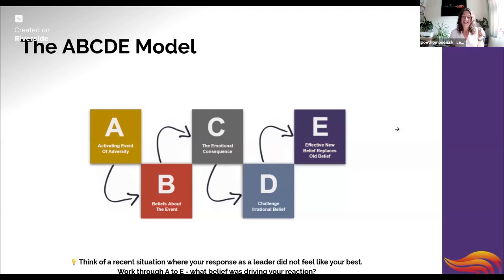So when I hear clients use words like I never or I always, that's often generalization. It also means they've distorted things to fit the narrative. So if it wasn't quite like it, they'll distort it so that it fits, or they will delete the information that doesn't fit the story they are telling themselves.